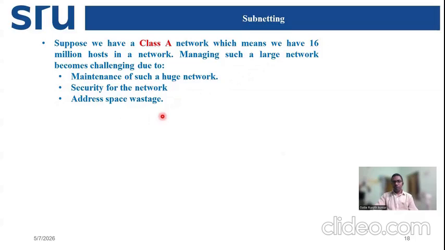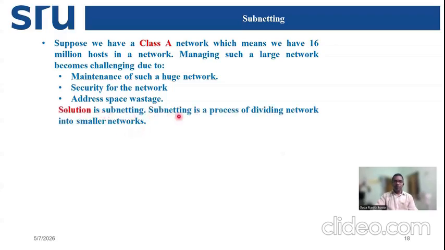So managing such a huge network is difficult, security issues will be there, and generally we won't use that many addresses. So to overcome this disadvantage, the huge network will be divided into small networks. We call it subnetting. Subnetting is the process of dividing the network into smaller networks.